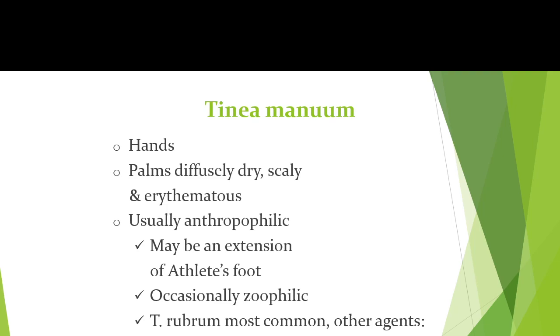They could be an extension by chronic itching of a lesion in the foot from athlete's foot, or an occasional condition from a pet animal like a dog, a cat, or a rabbit, any hairy animal, or a domestic animal like cows or sheep, and sometimes camels and horses. It is caused by Trichophyton rubrum, which is the most common one, Epidermophyton floccosum, Microsporum canis, which comes from canine animals, Microsporum gypseum, which comes from the environment, T. mentagrophytes, and T. verrucosa.